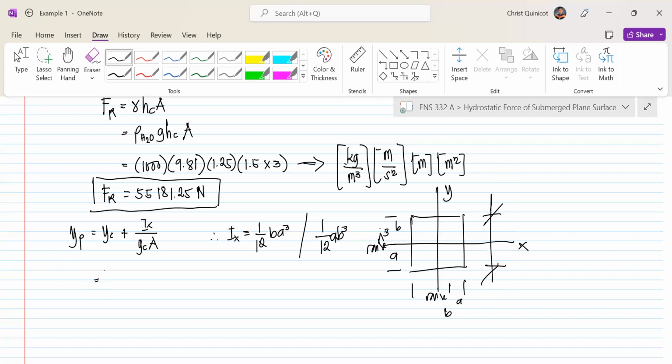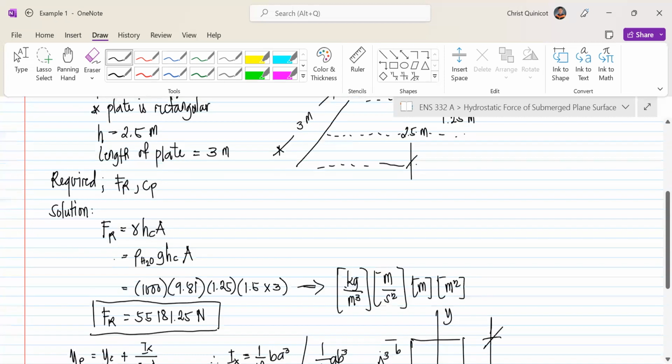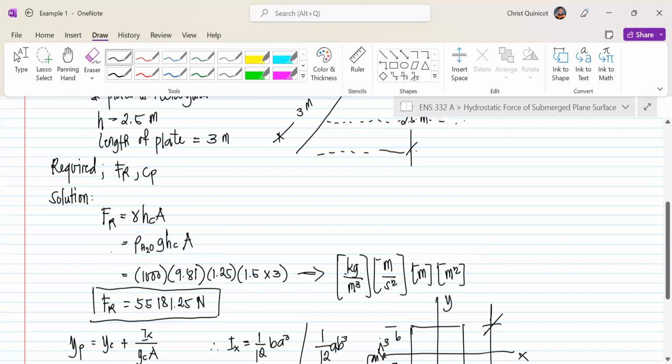And substituting our values, y sub c, since the length of our plate is 3 meters, at the centroid is 1.5, or 1/2 of 3 meters.